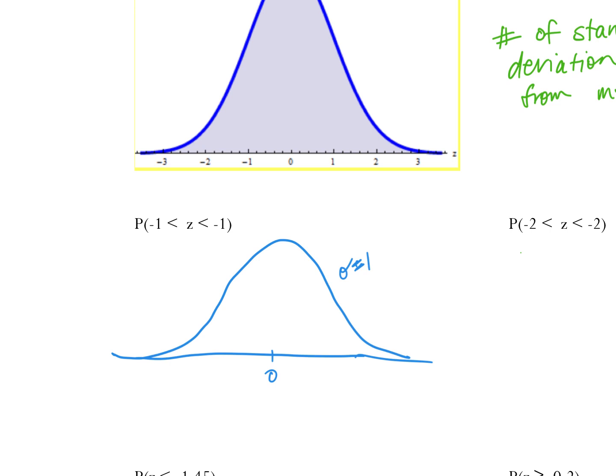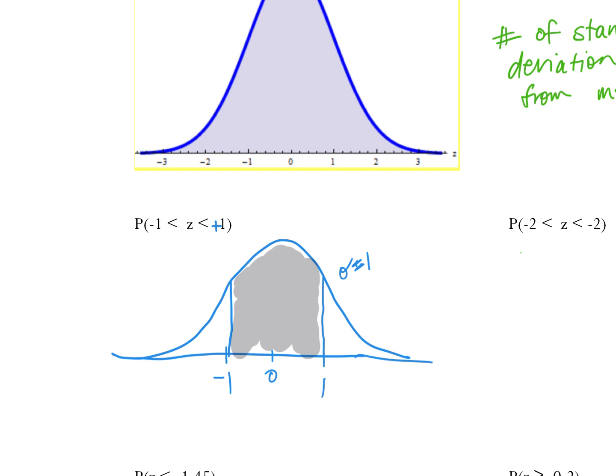Okay? And if I want to find the probability I get a z-score between -1 and +1, are you with me that, because this is continuous, essentially what we're asking you to do is find the area between -1 and +1.